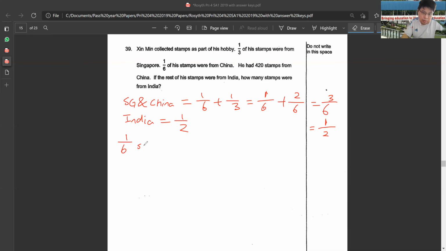Like that. Got it now? Yes. Then this amount is 400. You understand the model drawing? Yes.